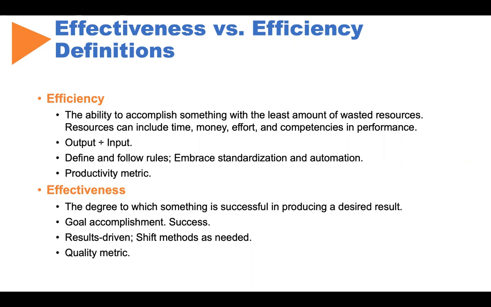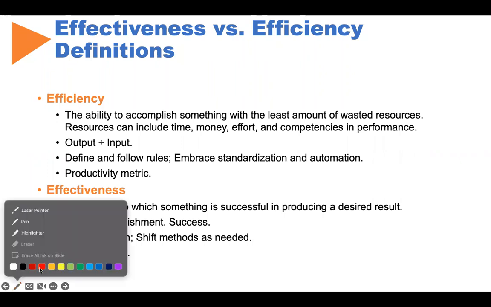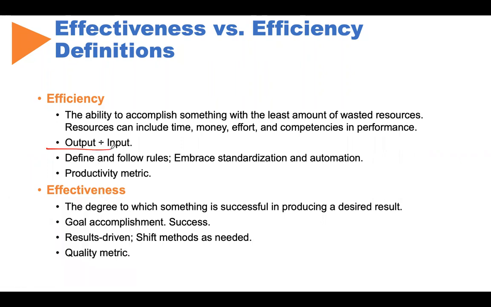The equation we use is that output is divided by input. That is our equation for efficiency. An efficient organization will focus on process. They define and follow rules. They embrace standardization and automation.